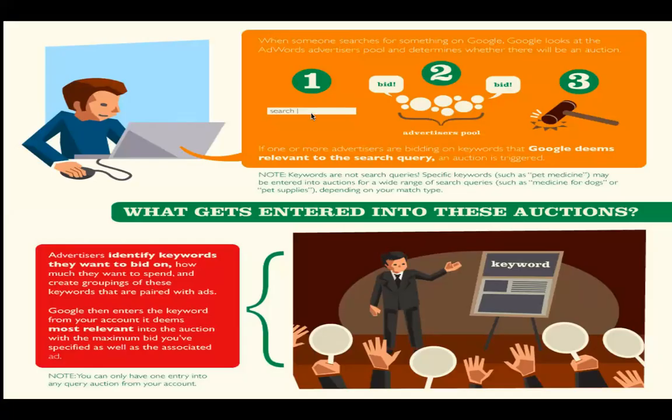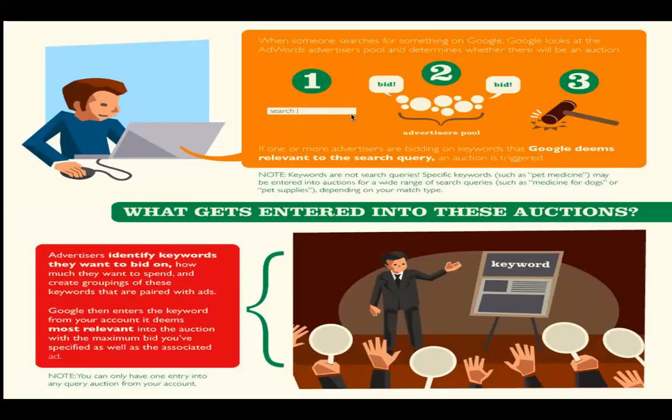Now, this is the algorithm. A user goes on Google and searches. From that search, Google sends a request to the advertisers pool, where people bid in competition to be on the first or on the second position.